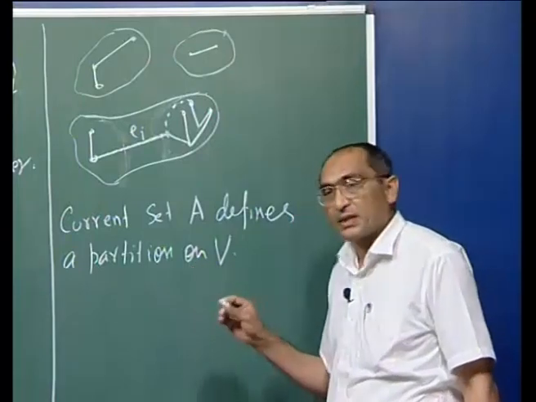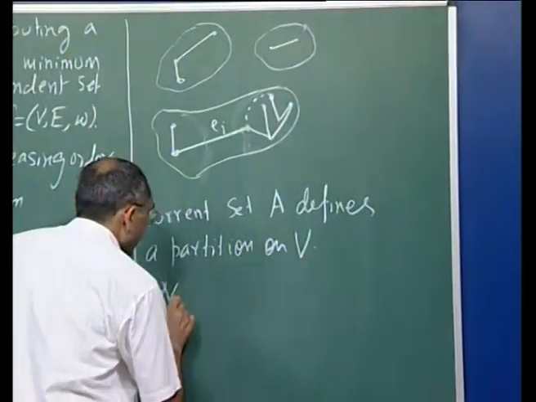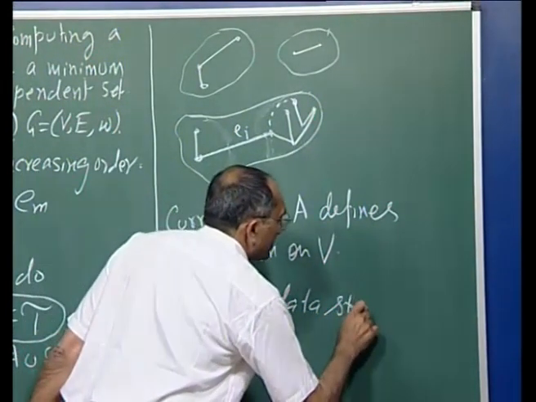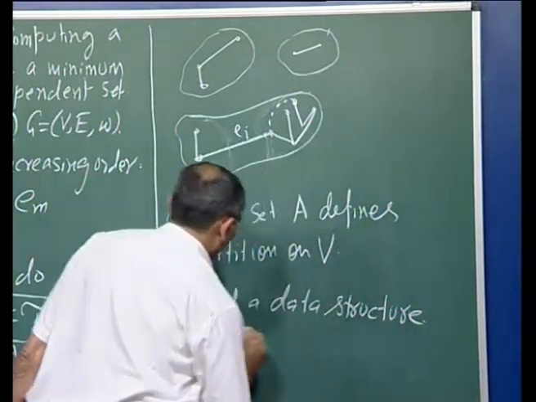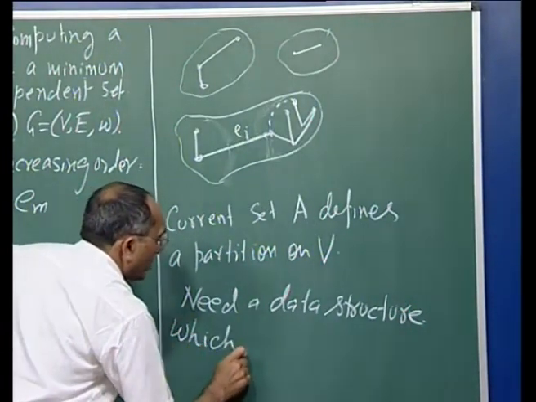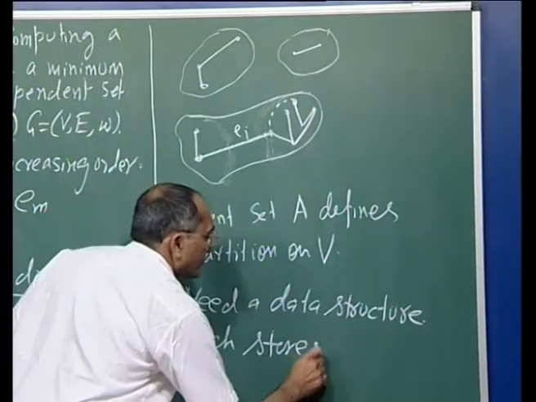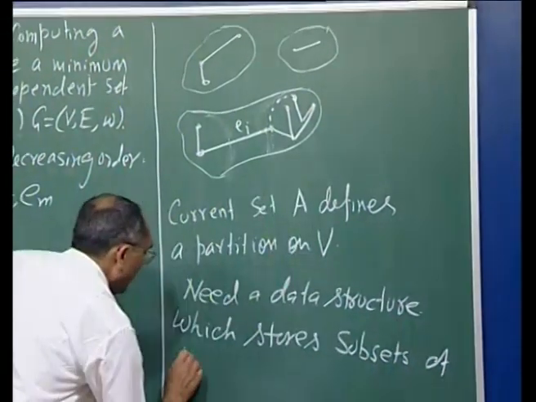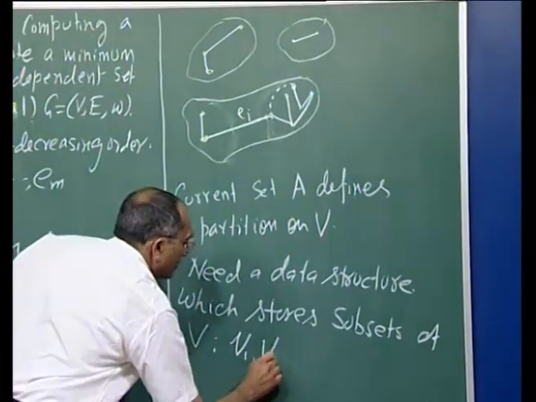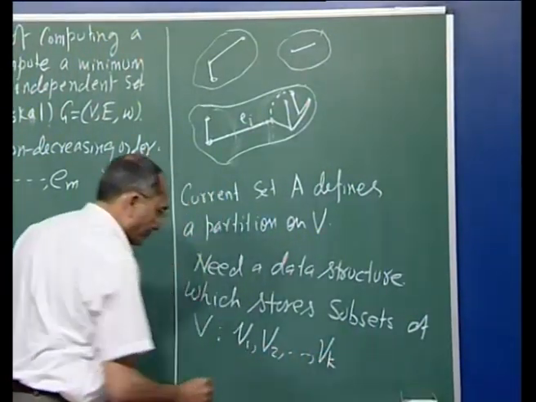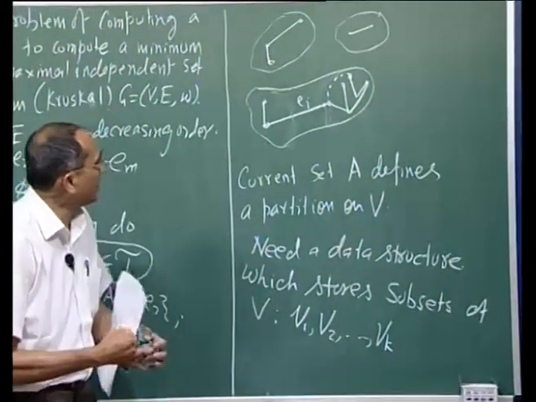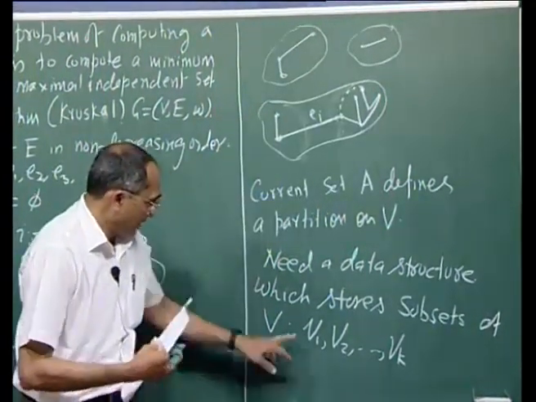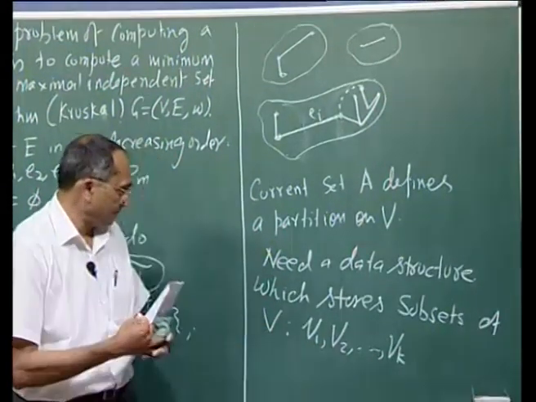So now we need a data structure which stores subsets of V, namely V1, V2, Vk. These are the vertices corresponding to various parts of this partition. Their union is V, their intersection is empty because it's a partition.